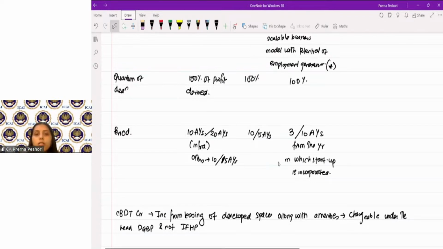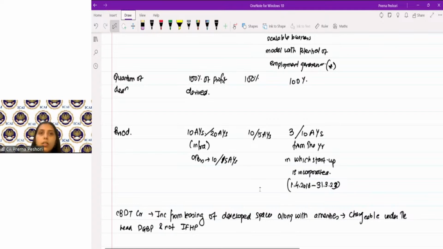Now the condition here is that the startup should have been incorporated between 1st April 2016 and 31st March 2023. Sorry. So the startup should have been incorporated up till 31st March 2023.